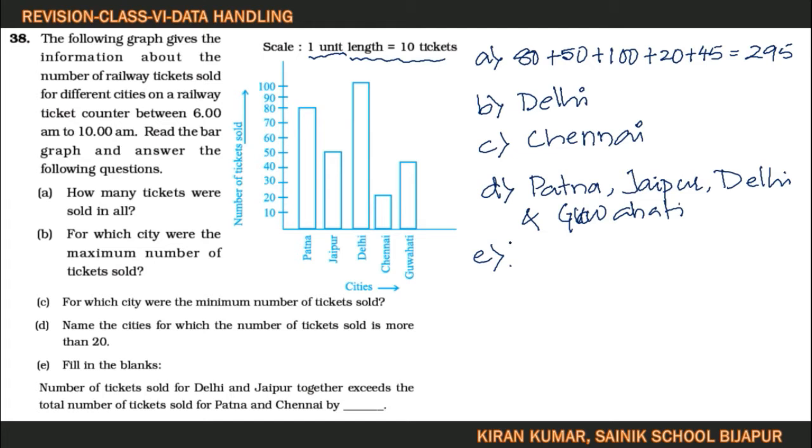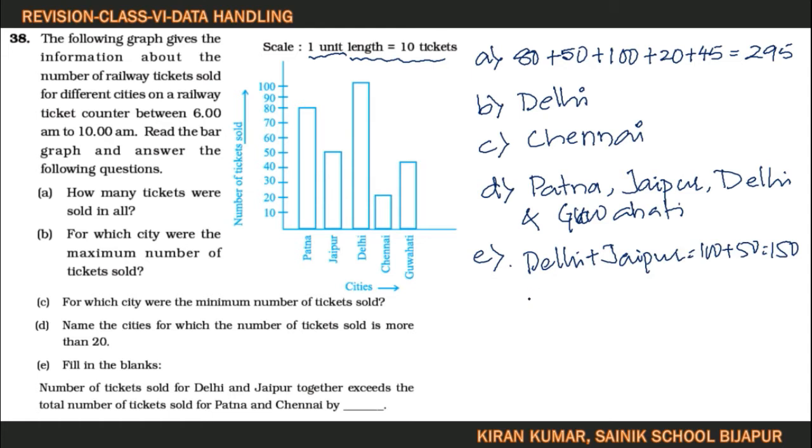Fifth one, fill in the blank. The number of tickets sold for Delhi and Jaipur together exceeds the number of tickets sold for Patna and Chennai. If you observe the number of tickets sold for Delhi plus Jaipur, it is 100 plus 50, 150.